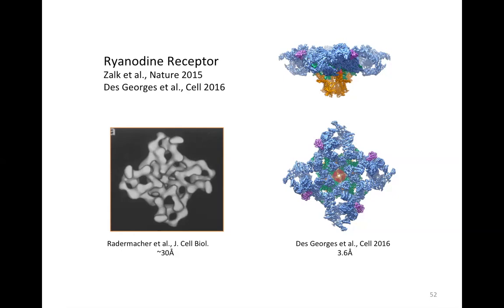So the ryanodine receptor had been studied by Wayne Hendrickson and Andy Marks for 9 years, and with X-ray crystallography they never got beyond 7 angstroms. And so with cryo-EM, we got first to 5 angstroms and then 3.6 angstroms within a very short time.